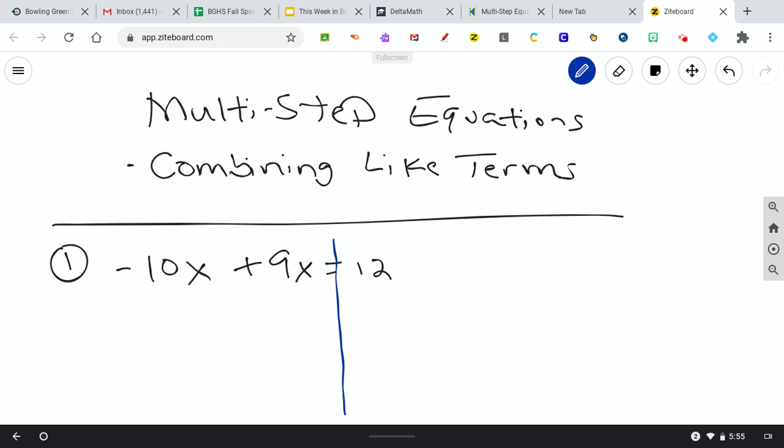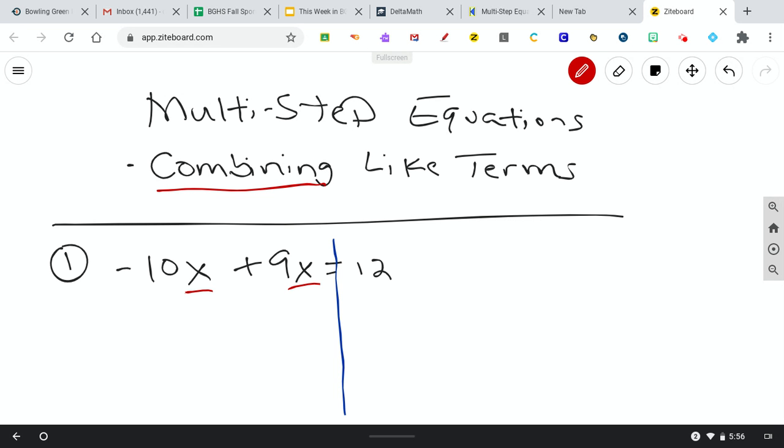Now, if we look over here on the left side of the line, what we'll notice is that we have two terms that have an x and they're on the same side of the line. So since they're on the same side of the line that we drew, we can combine those, okay?